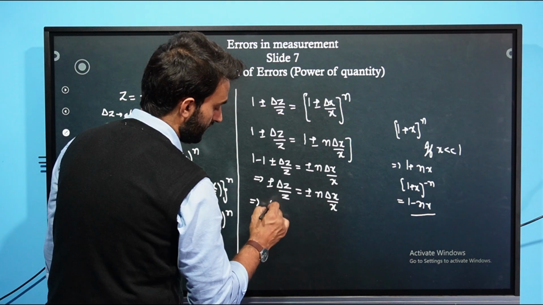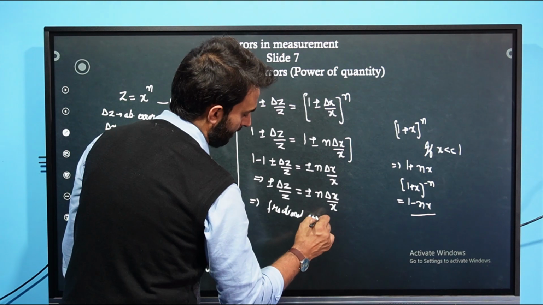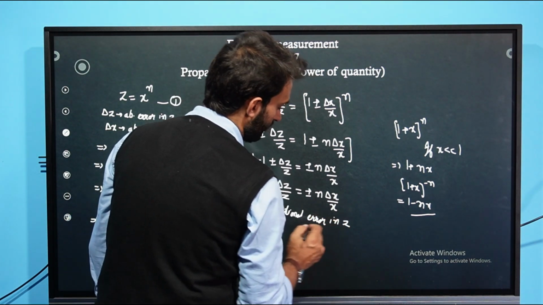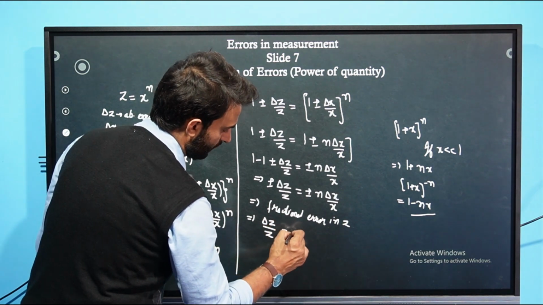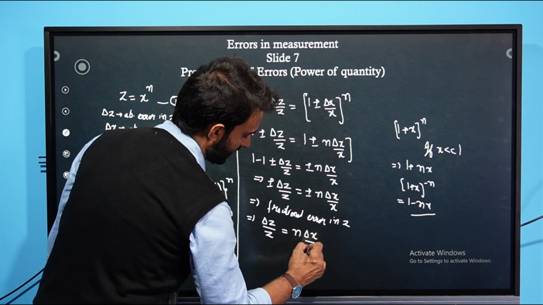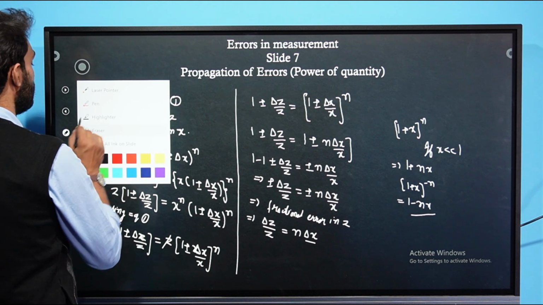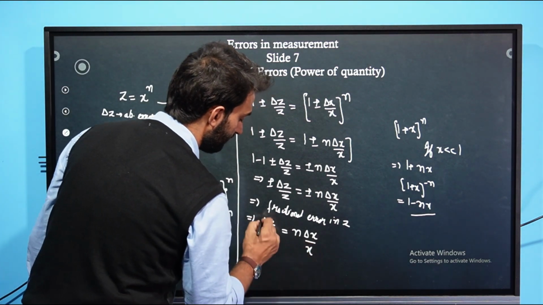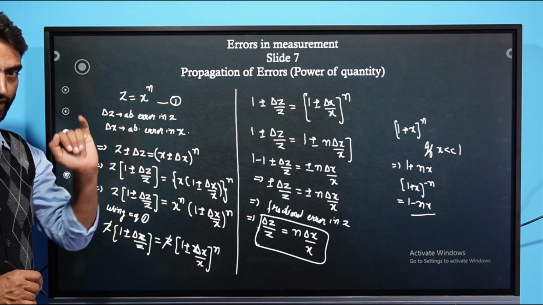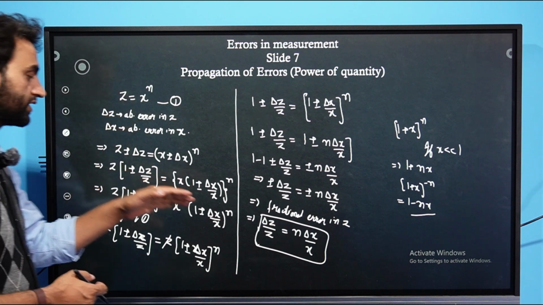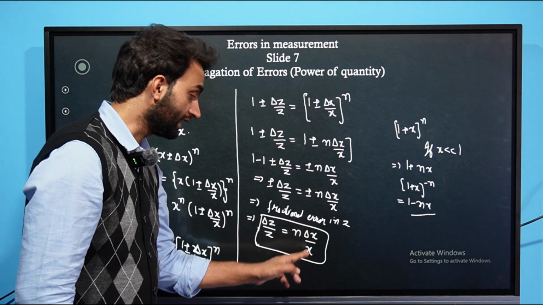So that means the fractional error in z, what will that be? That will be delta z by z is equal to n times delta x by x. Now analyze this result and see how you need to remember it. If you see, there is z is equal to x raised to power n. In case of error, this n comes down and we write delta z by z is equal to n multiplied by delta x by x.